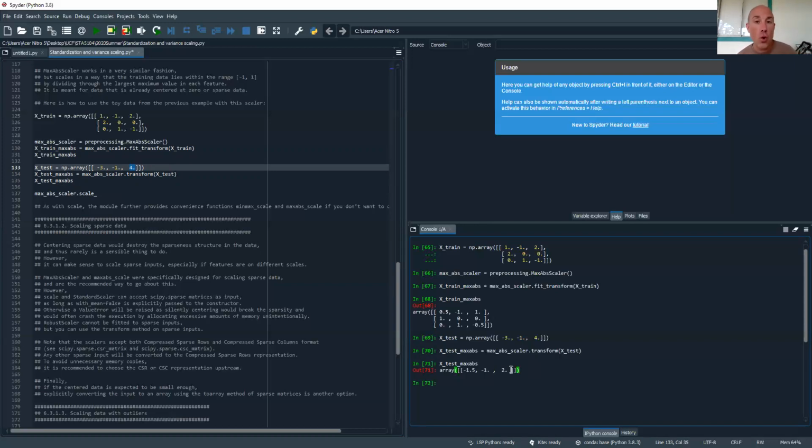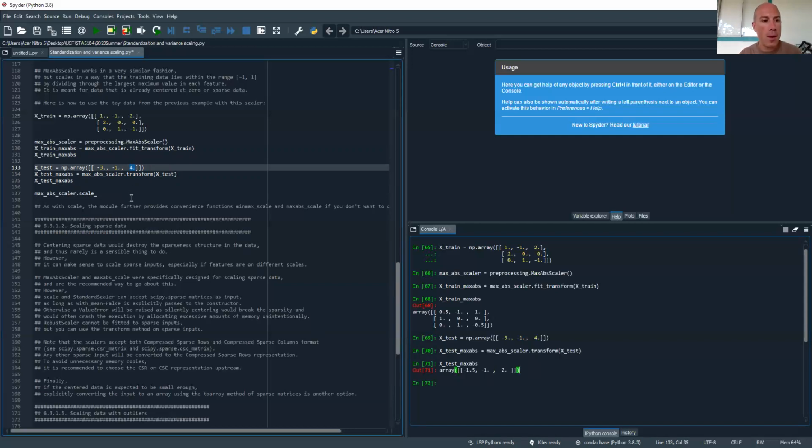So maybe a 2, maybe a 3, something like that. I personally will usually transform it down to a 1 or -1, and I need to remember that when I see a 1, it's equal to the maximum absolute value.